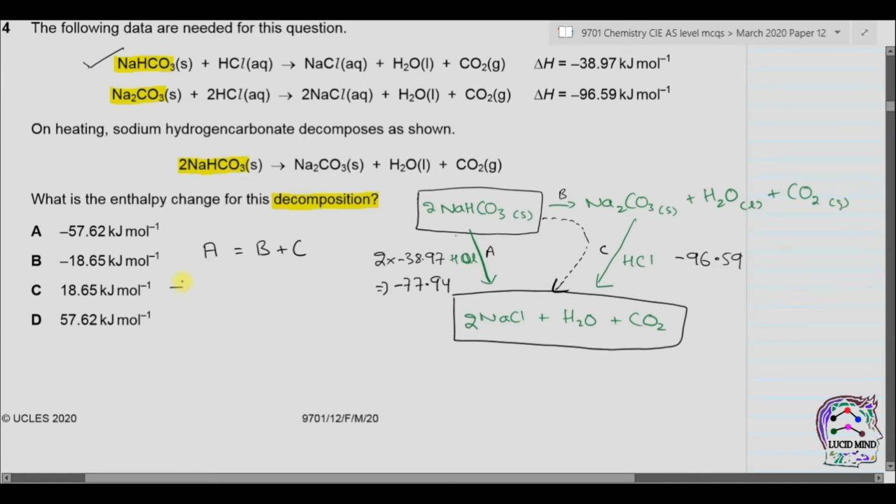Just putting the values that we have. Minus 77.94 is equal to B plus minus 96.59.